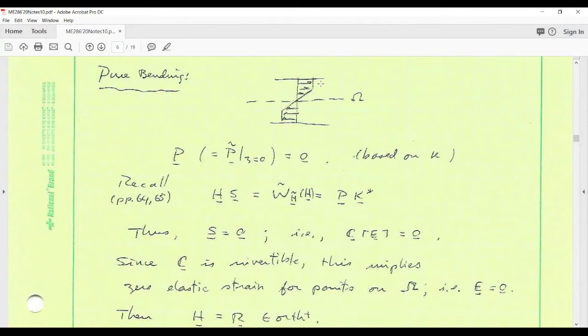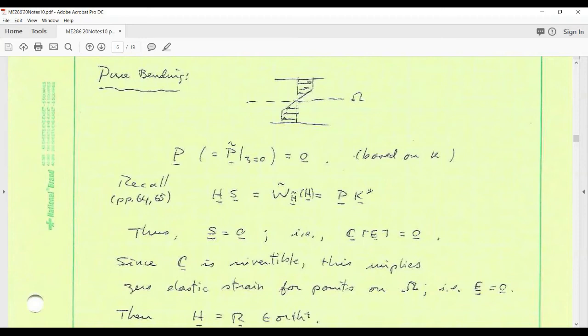And you all know from elementary beam theory that the elastic solution would involve, in pure bending, there's no axial loading along the axis of the beam, just pure bending moments. Pure bending involves a linear variation of stress through the thickness, and the stress is 0 on the central line of the beam, which is analogous here to the midplane of the plate.